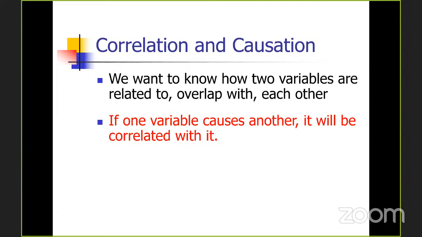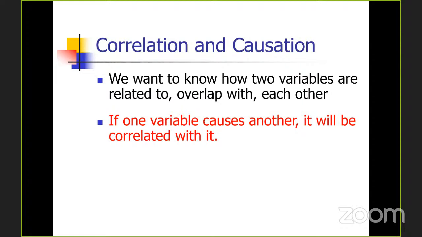So if you remember back many weeks ago, we talked about different types of research studies. And I have read in my class, students writing about some research studies, and then they say that the research proves. So proof is the same as causation.